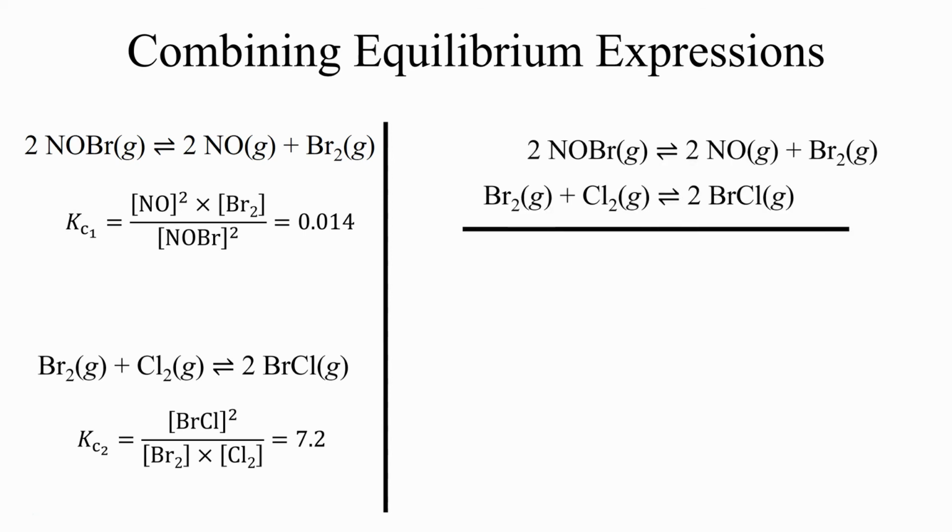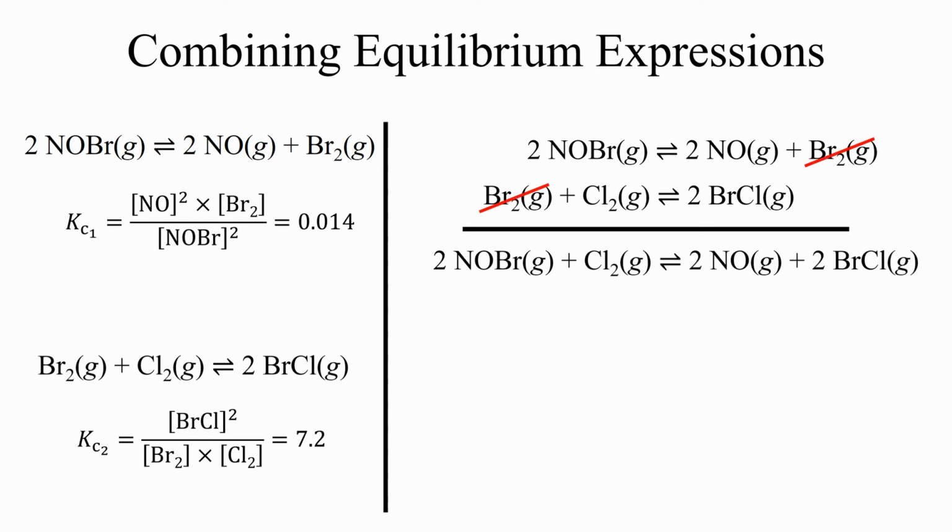Well, if we want to find out the equilibrium expression for the overall reaction, we need to find out what the overall reaction is. So if we add all the reactants and all the products, canceling the bromine, because that's just an intermediate and it doesn't show up on the final reaction, we get this new equilibrium expression.